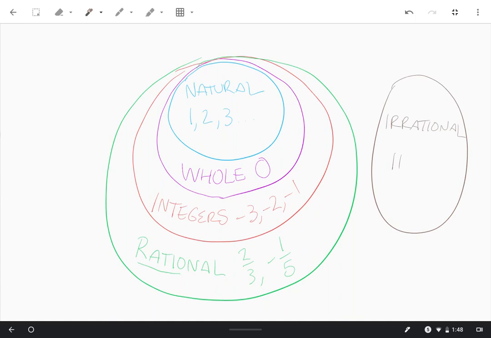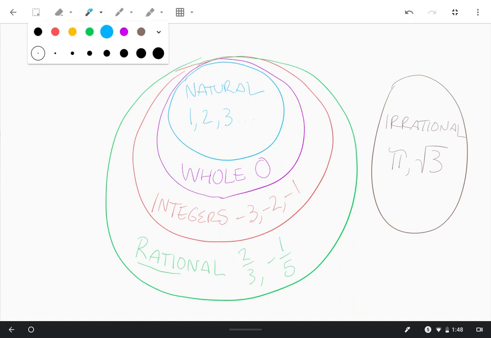They are numbers such as pi and other mathematical constants, and things like the square root of 3, or the square root of numbers that are not perfect squares. For instance, the square root of 25 would be a natural number, because we know the square root of 25 is 5. And so that's why 25 would appear under natural numbers.